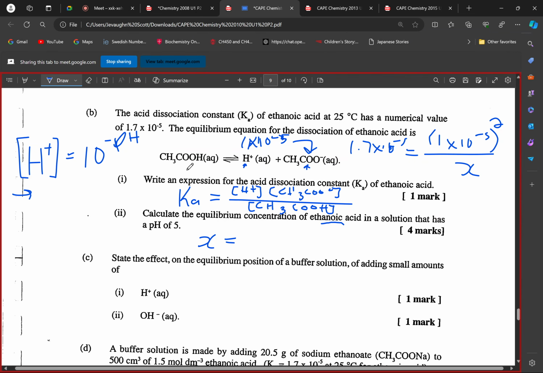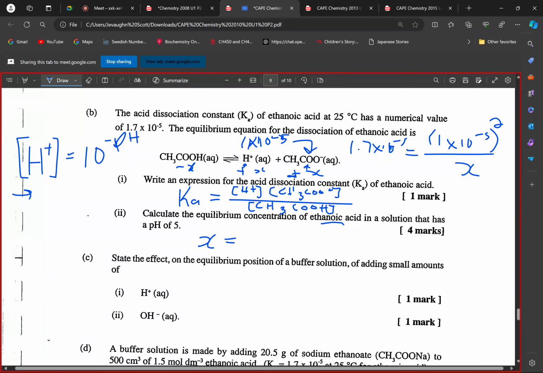If we look at ice tables, if this decreases by x, this will increase by x, and this will increase by x. So they increase by the same amount, therefore their concentrations will be the same. Therefore, if we find the concentration for one, we find the concentration for both.